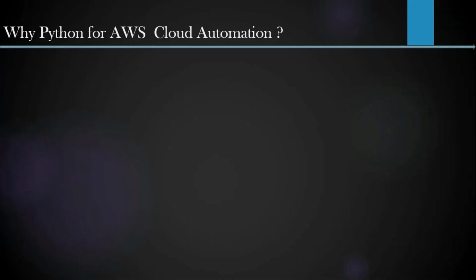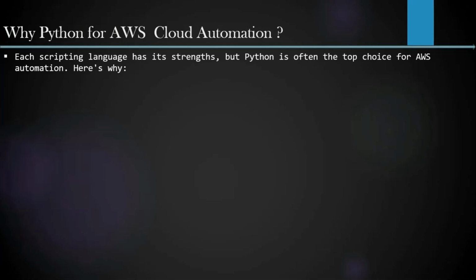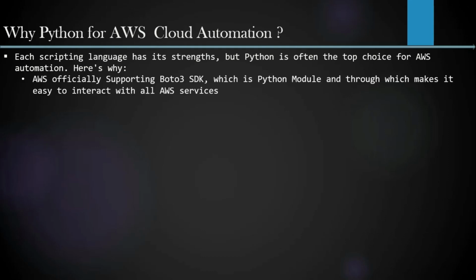That's fine. But why Python for AWS cloud automation? See, each scripting language has its strengths, but Python is often the top choice for AWS automation because AWS officially supports the Boto3 SDK. See, basically SDK means software development kit. Simply, Boto3 is the Python module, using which we can easily execute any required operation or easily interact with all AWS services.